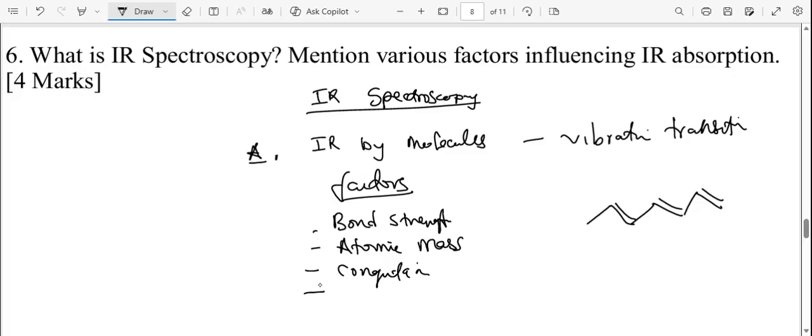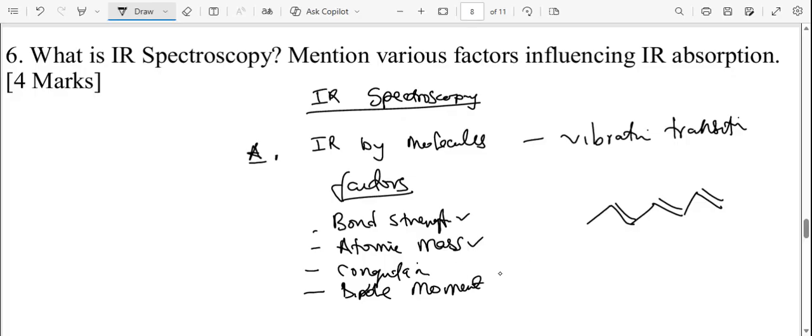We can also talk about hydrogen bonding and dipole moment. If there is dipole moment, it also increases the changes. So these are enough: bond strength, type of atoms which is atomic mass, conjugation, and dipole moment also affects. Those which are polar cause the intensity to increase.